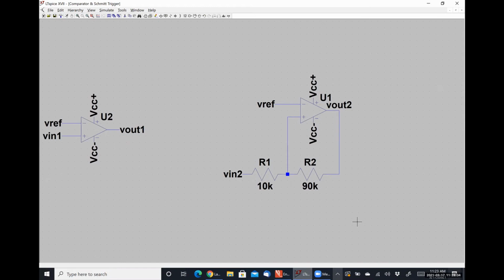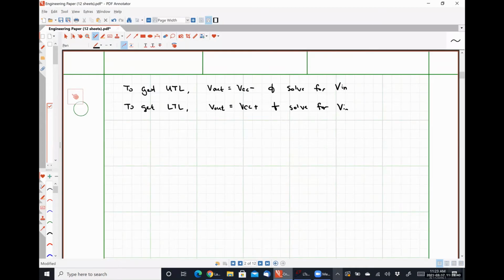And we can prove that by simply subbing in these two resistor values, right? So what I'm saying is we take our original equation, Vref is equal to Vn times R2 over R1 plus R2 plus V out times R1 over R1 plus R2.